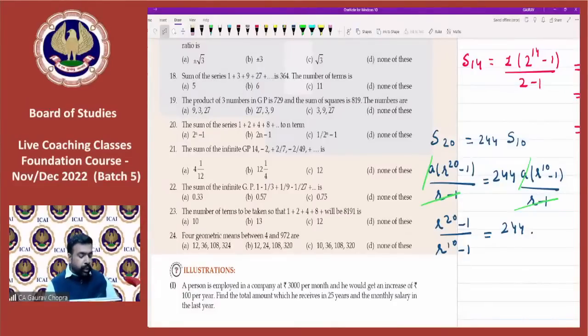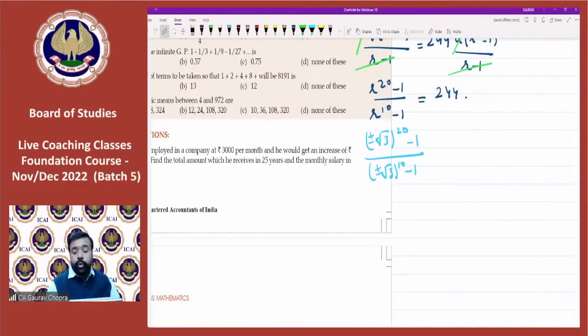Now what needs to be done? Now we can apply the options and see which one is correct. So if we apply the first option, that is plus minus root 3, in place of r, if we put root 3, what will happen? Root 3 to the power of 20 minus 1 divided by root 3 to the power of 10 minus 1. So root 3 to the power of 20 becomes 3 to the power of 10 minus 1, and in denominator it will be 3 to the power of 5 minus 1.